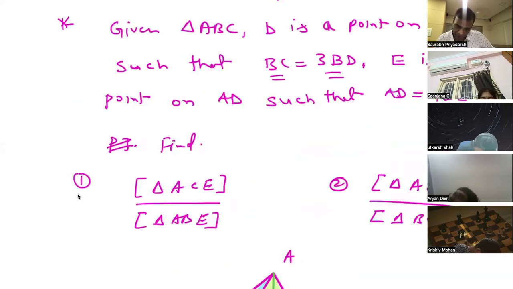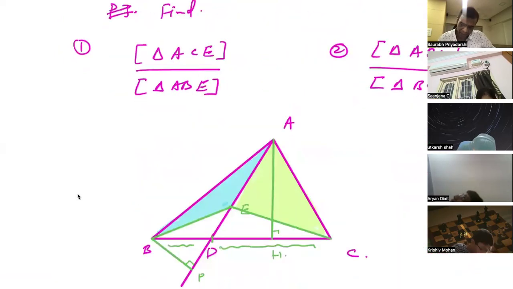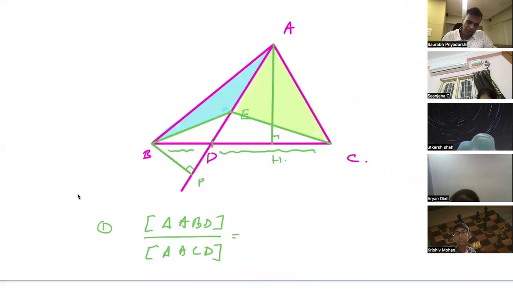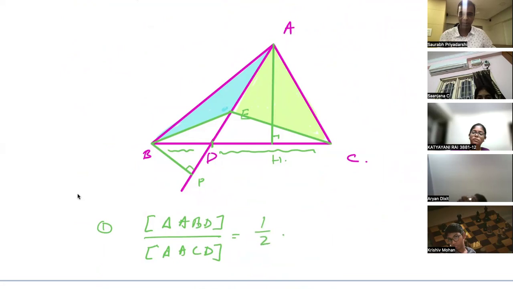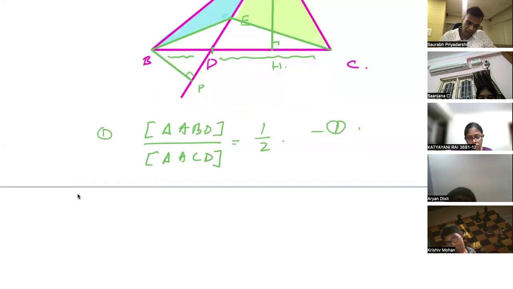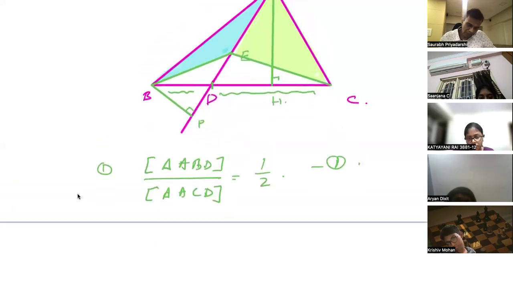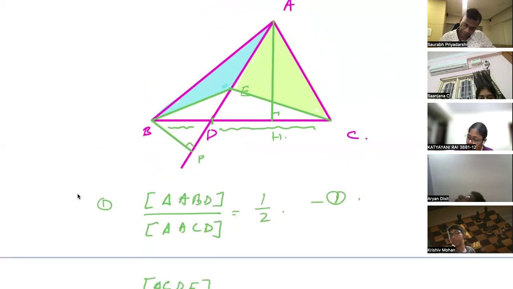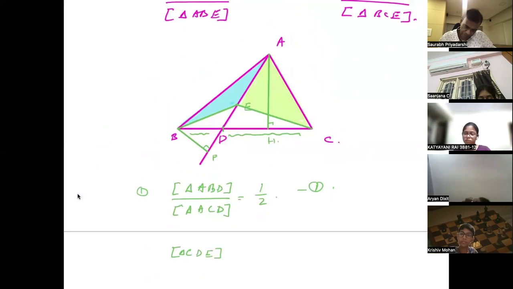It was given BC and BD were in ratio 1:3, so BD and DC is 1:2. Directly this is coming. This is the first result I'm getting. Similarly, what we can say for area of CDE, this one.